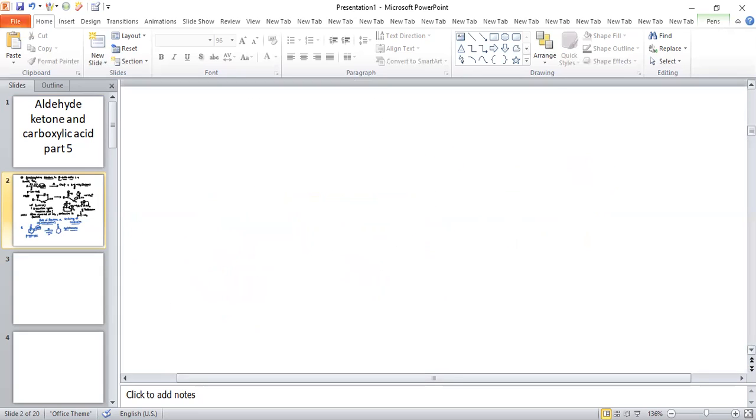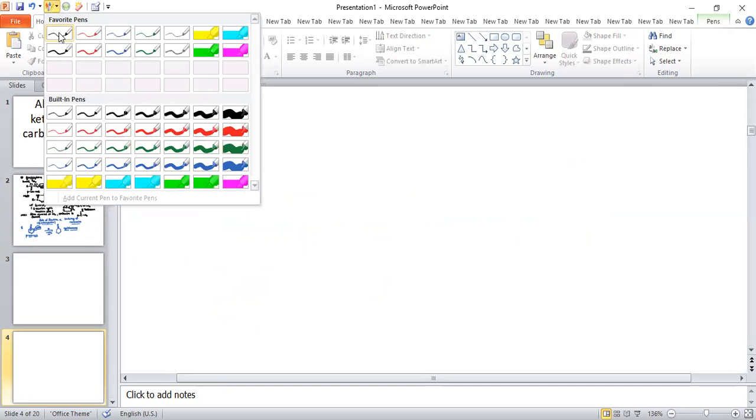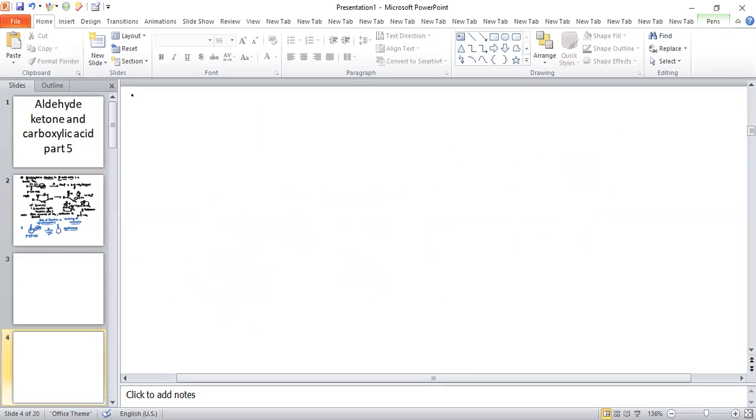Now see the other question related to this. The compound is given like this. This is C double bond O and this is COOH and this is also COOH. When you heat, what happens?